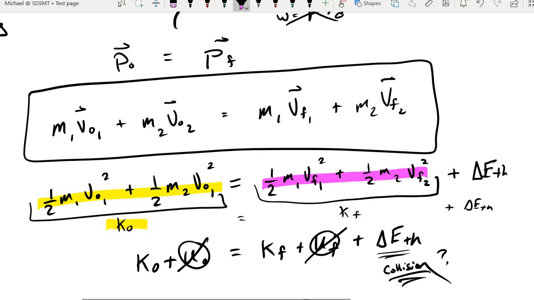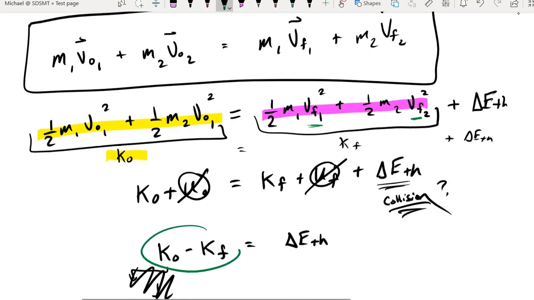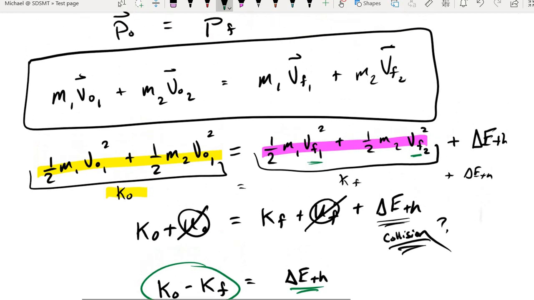I do know what the masses are, but I kind of need to know what the final velocities of each mass are going to be, so that I can take this difference and see how much energy was lost due to the generation of heat.